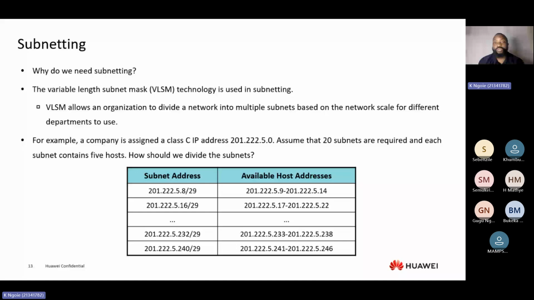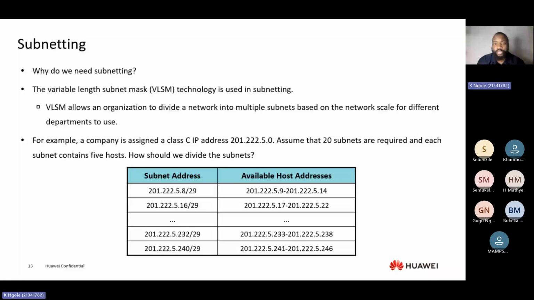So subnetting is one of the most important concepts in networking because it solves multiple problems that can arise with large networks. It's going to help us to get, I can say, efficient IP address use, right?